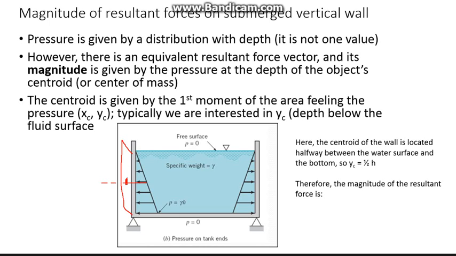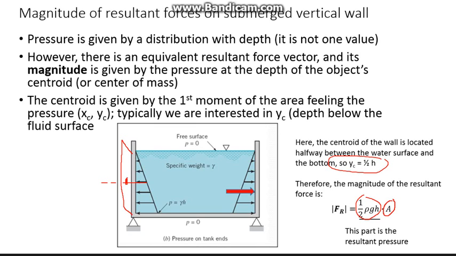The depth of the centroid of the wall is 1/2 h. Therefore, the magnitude of the resultant force is the pressure part times the area. So remember, force equals pressure times area.